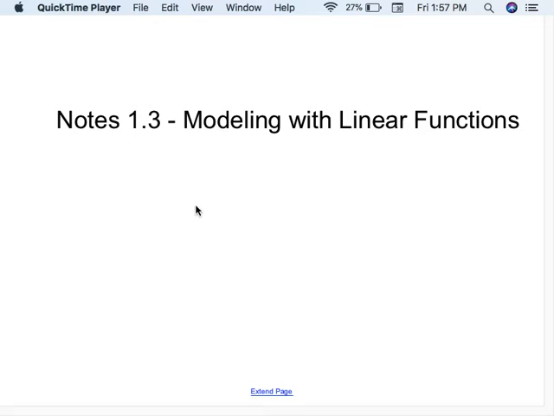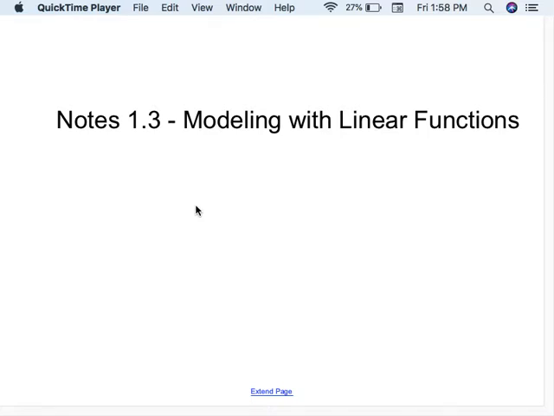With linear functions today. So this is our notes 1.3. And there's really two parts to today. One is if you're actually writing the equation of a line, like these points are actually on a line together. So we'll review that.